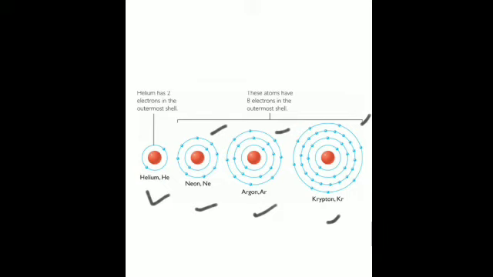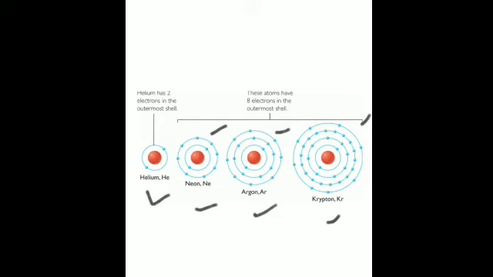When the outer shell configuration is complete, what happens? They are considered to be stable. They have 2 or 8 electrons in the outermost shell. These atoms have the outermost shell complete and they are considered to be stable. So they don't need to undergo any chemical reaction to attain stability.